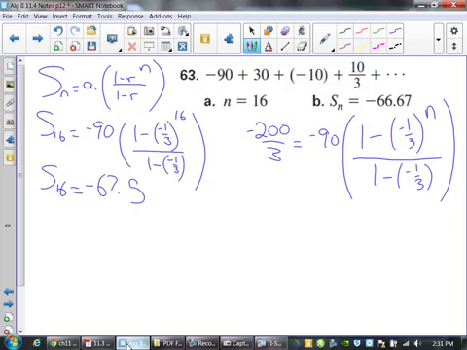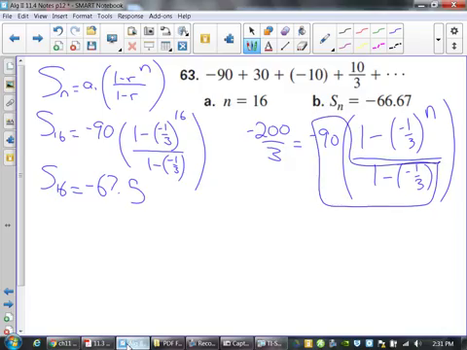You okay with that? Remember, this denominator here equaled 4/3. So what I'm going to do is take negative 90 and divide that by 4/3 just to simplify this portion of the problem.